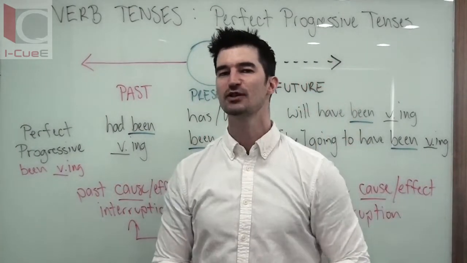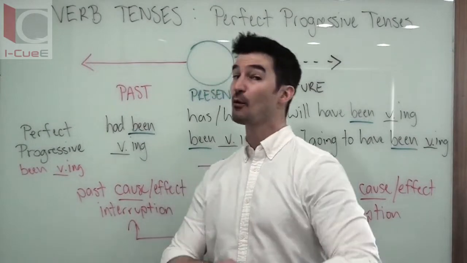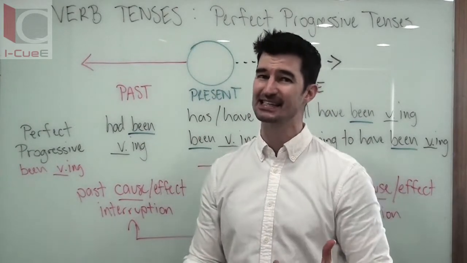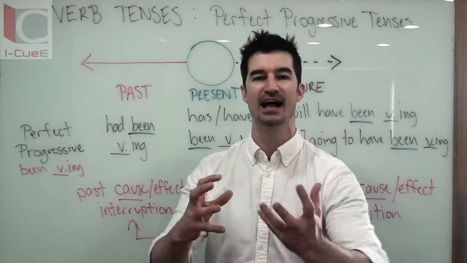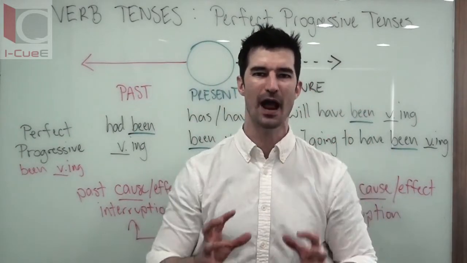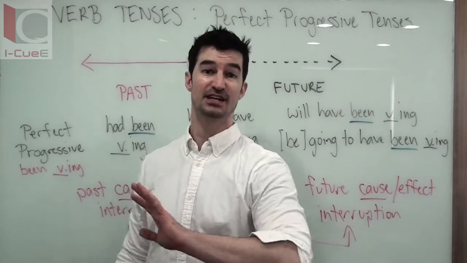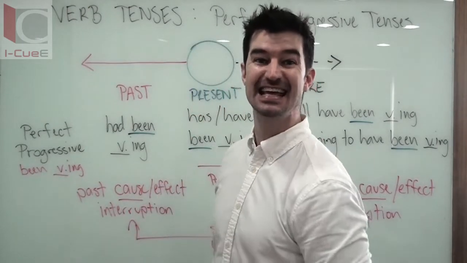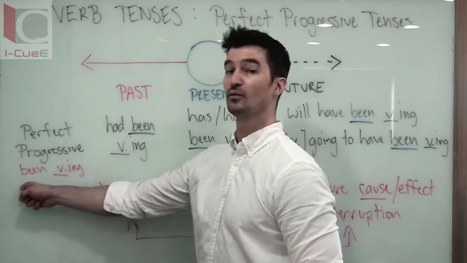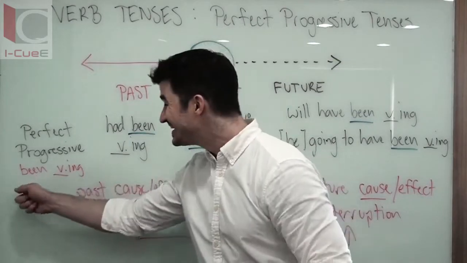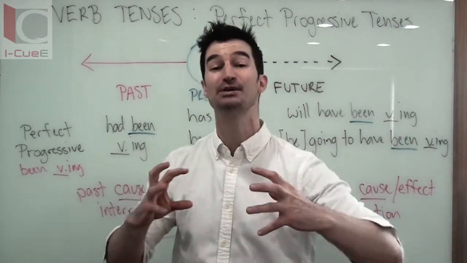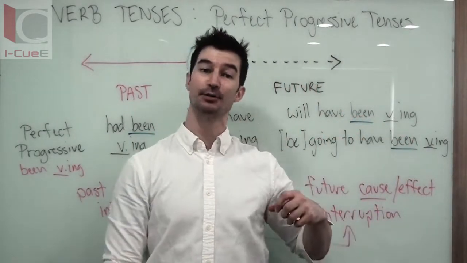The first thing you need to remember is that with all of the perfect tenses, there is going to be a past participle somewhere in the mix. And with the progressive tenses, it's already been taken care of with this. Been is the past participle of the verb be.